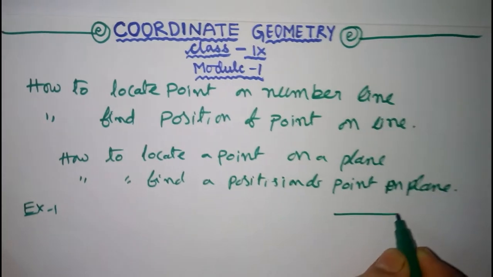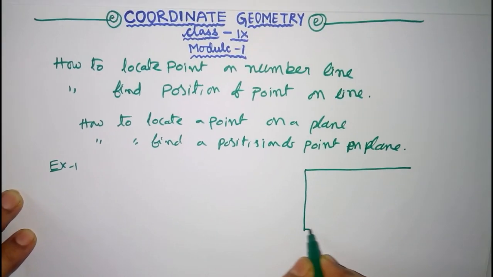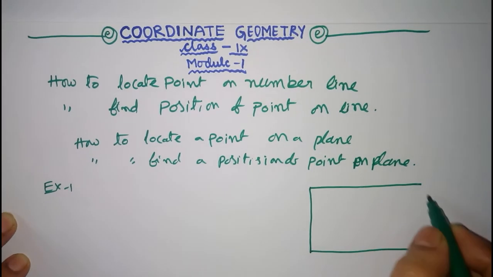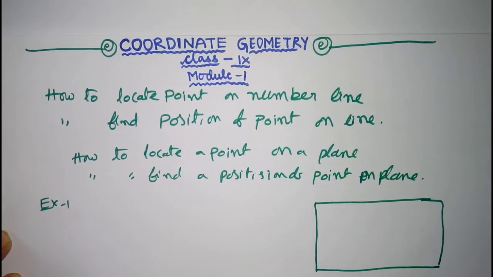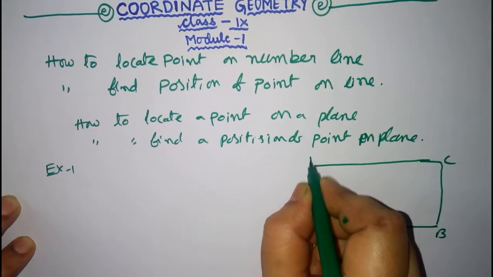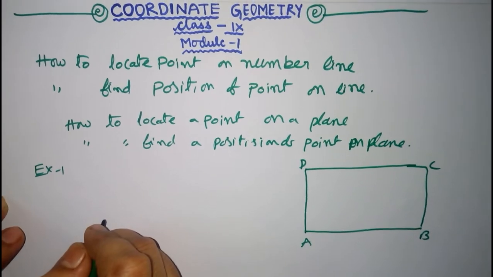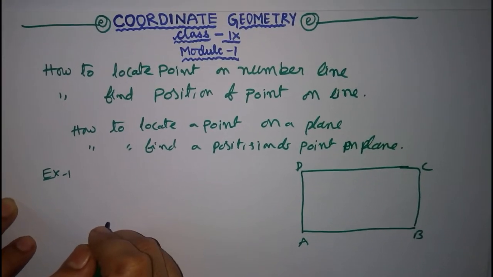Suppose there is a rectangular mango garden. The garden name is ABCD. We have to find the position of a mango tree.